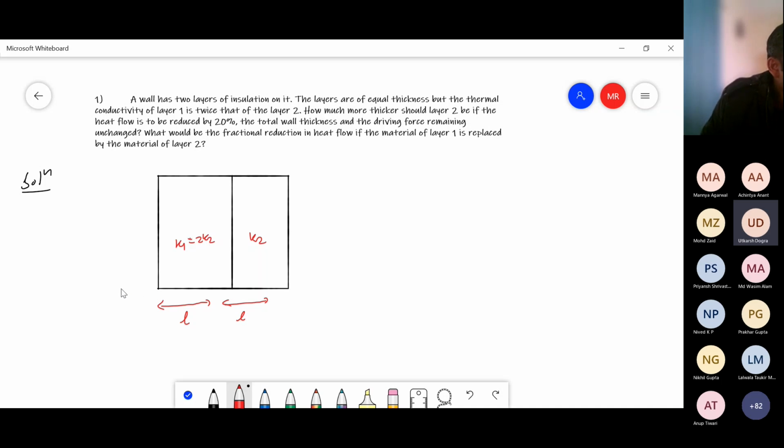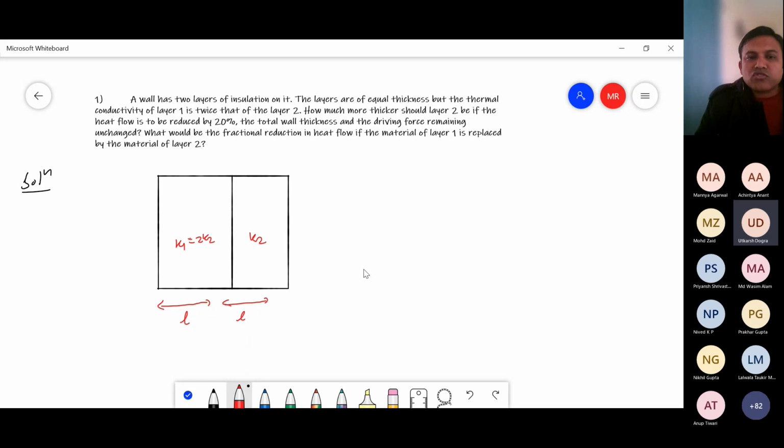Now in this problem, we have to find out how much thicker layer 2 should be if the heat flow is reduced by 20% and the total wall thickness and driving force remain unchanged.